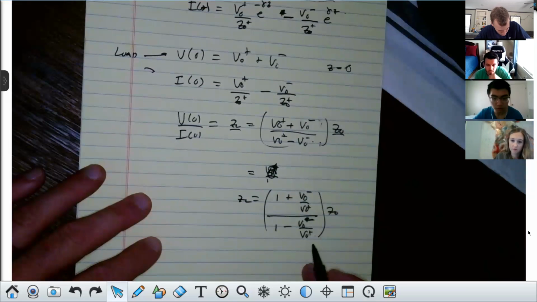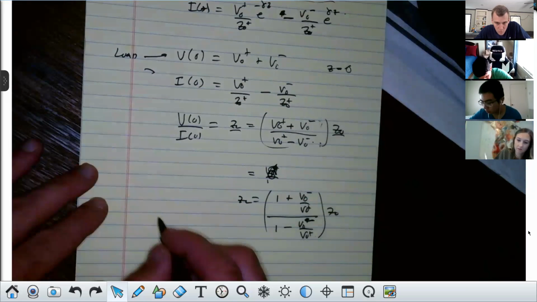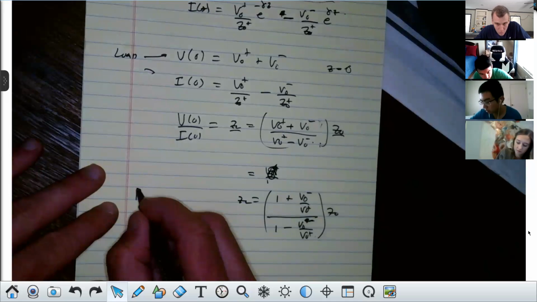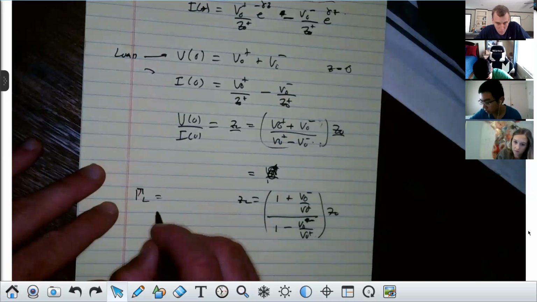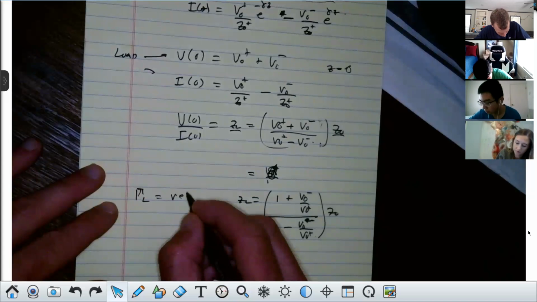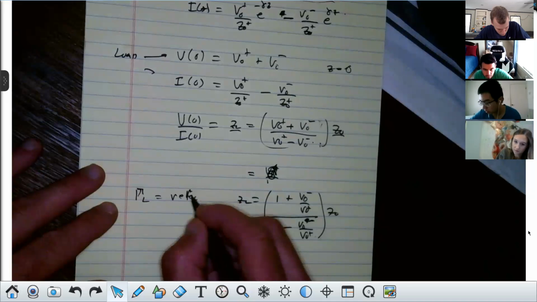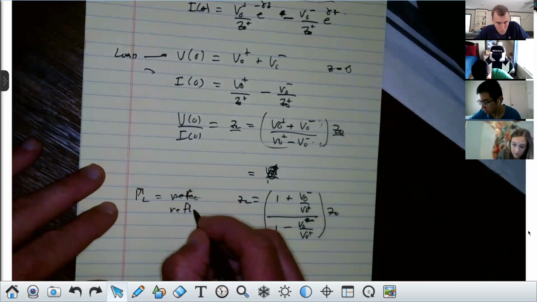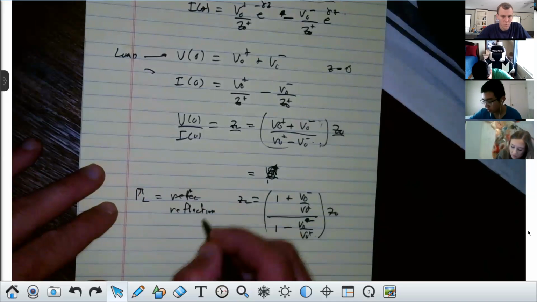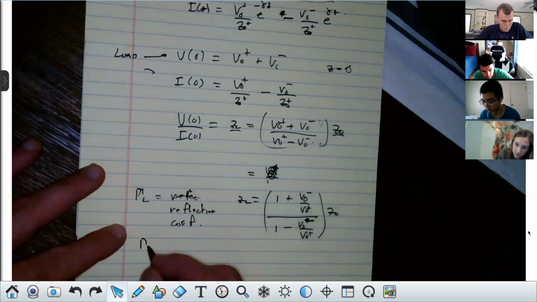All right. Now, I create a new quantity. It's called gamma L, and this is equal to the reflection coefficient. Gamma L is simply V0 minus over V0 plus.